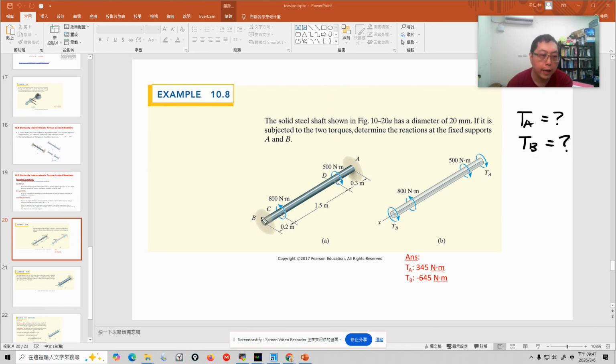For such a problem, first of all, we need to use the rigid body equilibrium to write down the overall equation, because everything is statics in this problem. So the overall torque is equal to 0. There is a torque at position A and position B, but a lot of people have a problem: what direction should I assume for torque A or torque B?